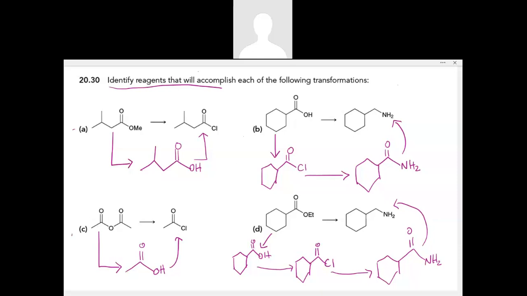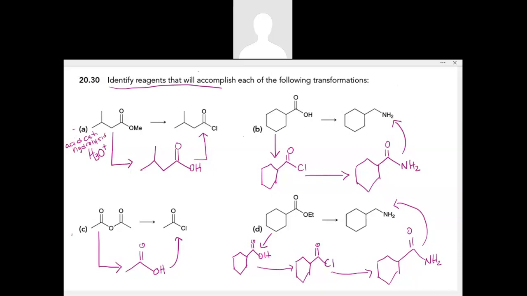So let's take a look at part A here. We have this ester, and if we used acid catalyzed hydrolysis conditions, so we could add aqueous acid here, we can generate this carboxylic acid intermediate.